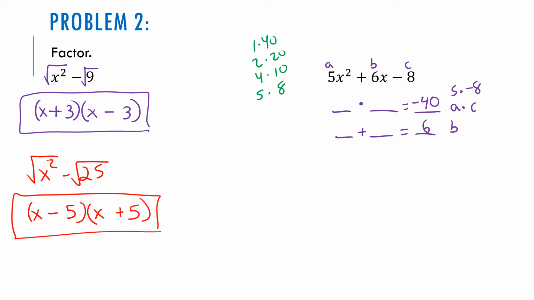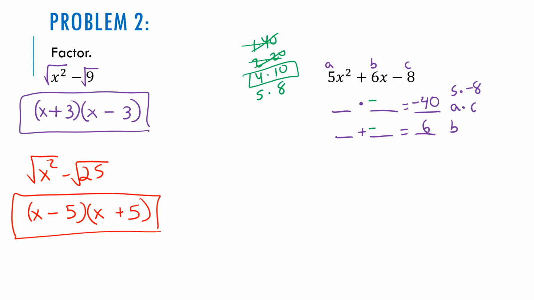So in this case, you can see that once again, the number that I have to multiply to is a negative, which means one of the numbers needs to be a negative in my problem. So I'm going to put a negative sign in this location. You could put it in the first two if you want to. So now I've got to think what numbers will end up subtracting to be a 6. 1 and 40, no, no. 4 and 10, if I subtract those, I can get a 6.